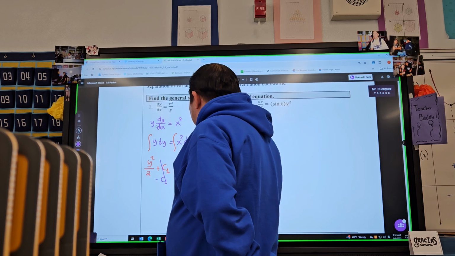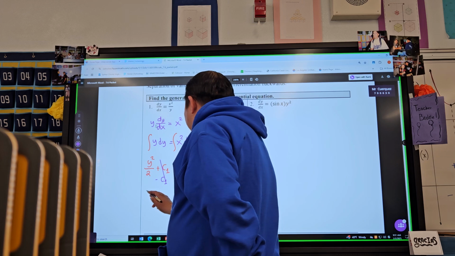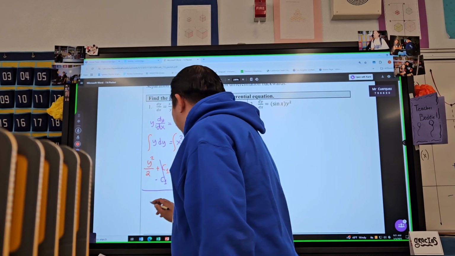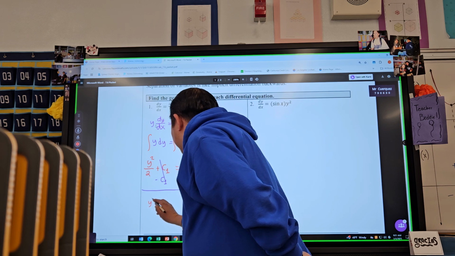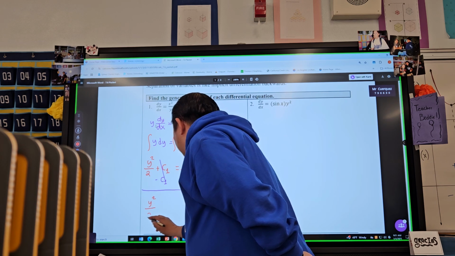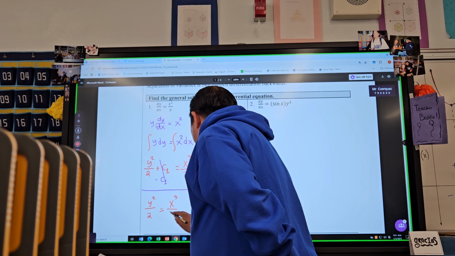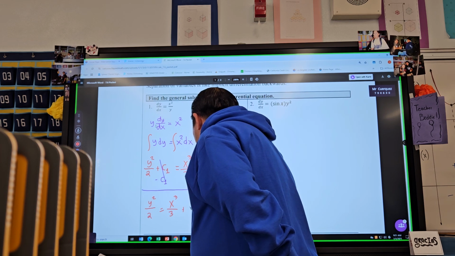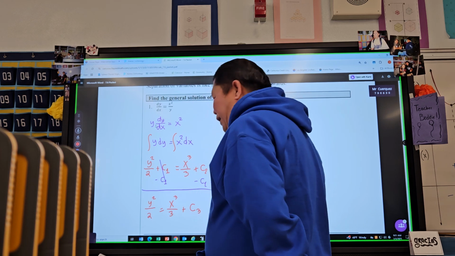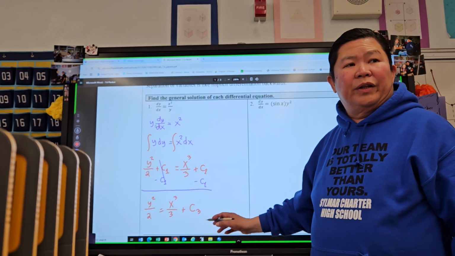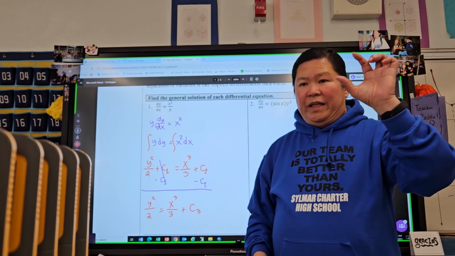So this cancels out, and the result now becomes y square over 2 is equal to x cubed over 3 plus constant 3. But express constant 3 as just c, or constant.